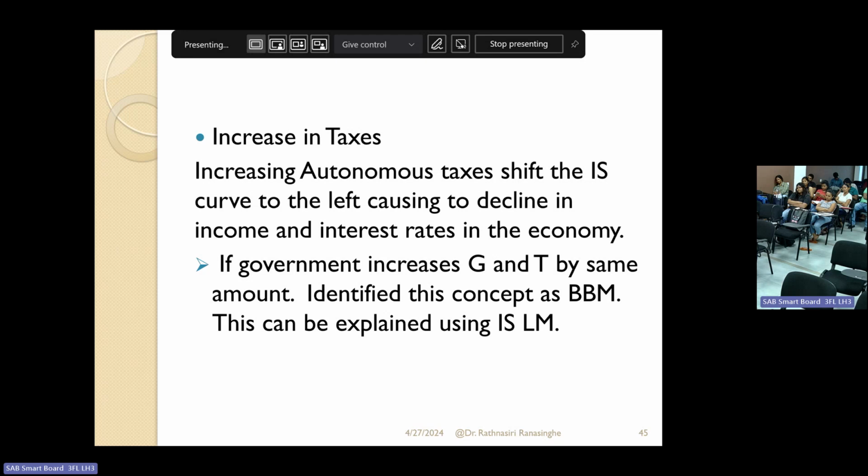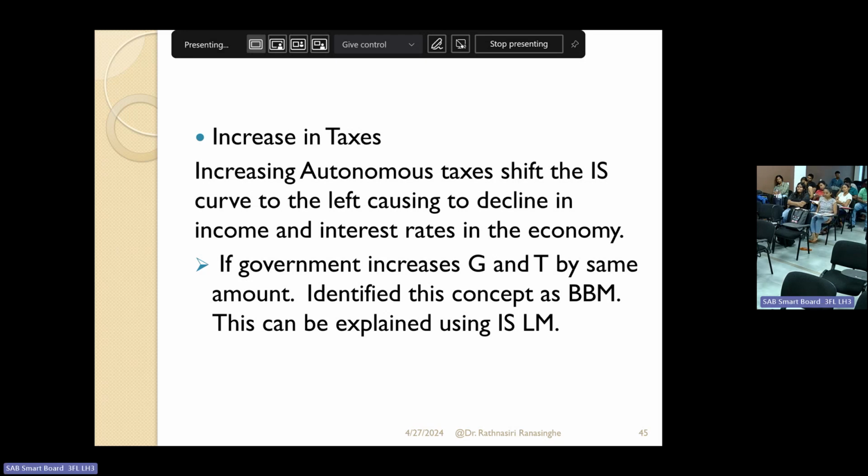IS at T0, now T1. So that will reduce the interest rate. There's a decline in the interest rate and the income. The equilibrium moves from E0 to E1. Why are there such changes?